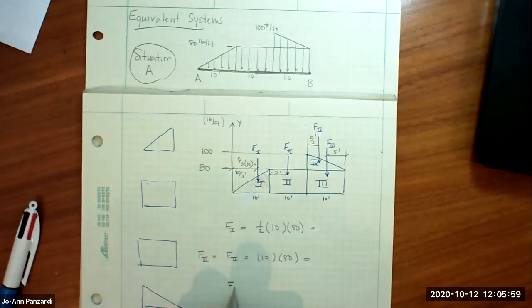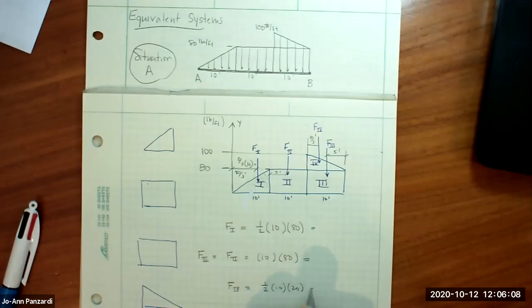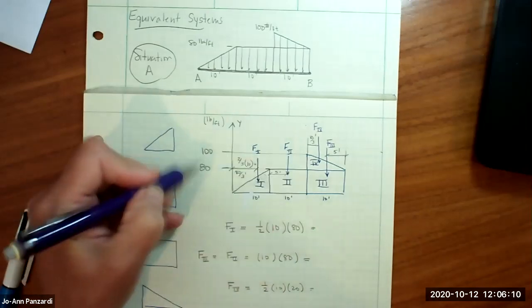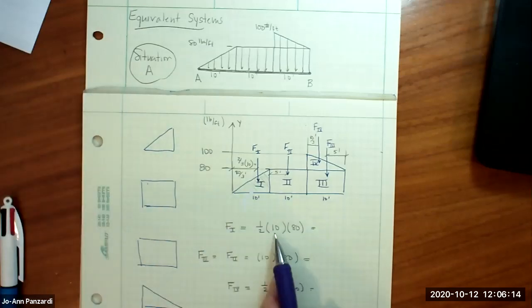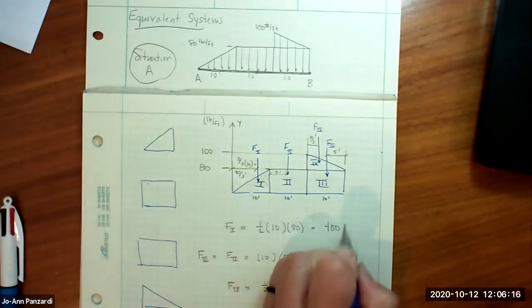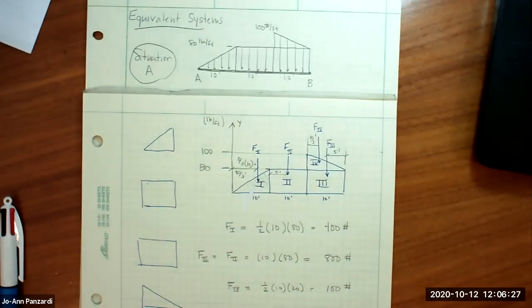And then F4 is going to be 1/2 the base of 10 times 20, because the height of this triangle is 100 minus 80. Okay, so this is 400 pounds, this is 800 pounds, this is 800 pounds, and this is 100 pounds.